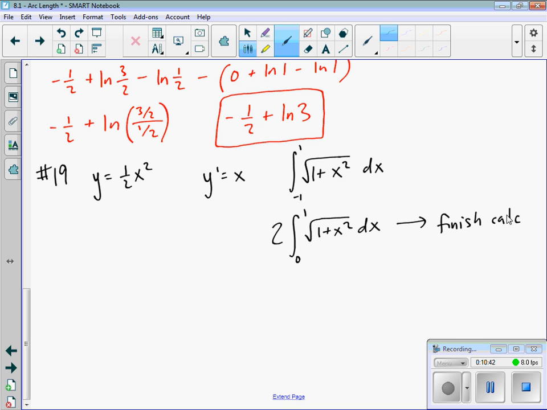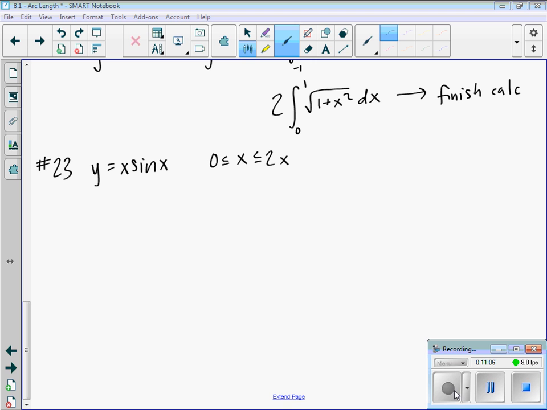Well, it does say for 19, it has that little calculator symbol. Find the length of the arc from P to Q. But like for the earlier ones, find the exact length of the curve. So some of them you might have had trouble actually doing the integral. And there are some occasions where we just can't do the integral because it's not on the AP test, so we don't do it in class.